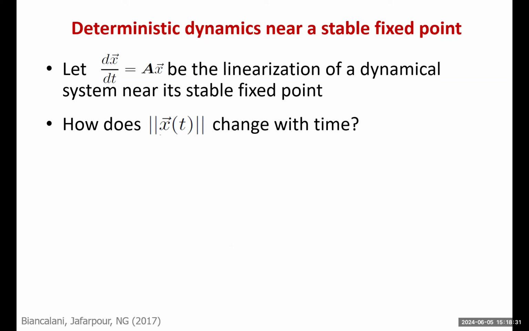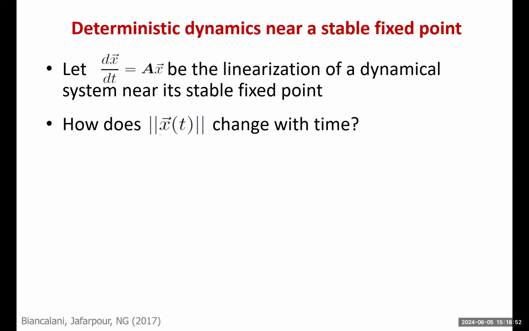So again, I'm only going to very quickly show you what happens here. Let's suppose I take a dynamical system with some degrees of freedom x. I write that linear equation, dx/dt equals some operator A acting on x. You can think of this as a matrix equation for x being a vector.